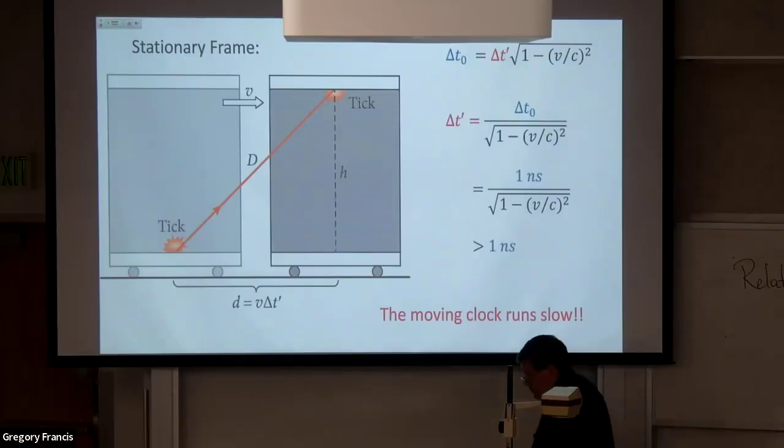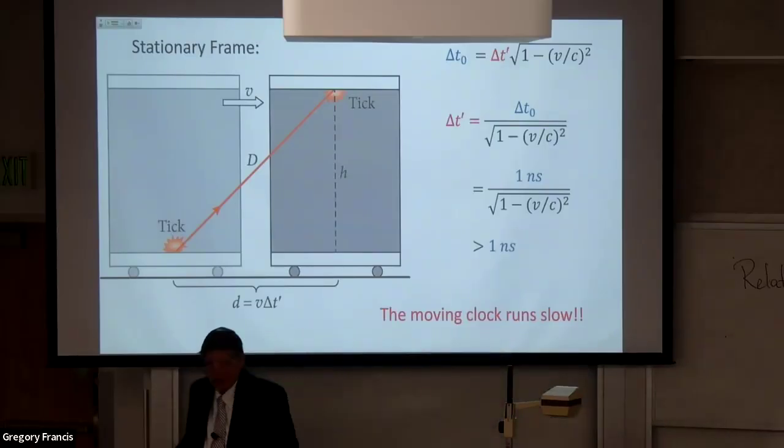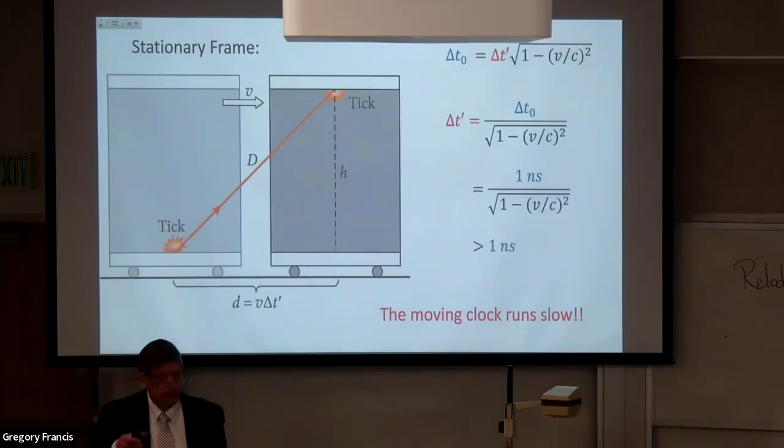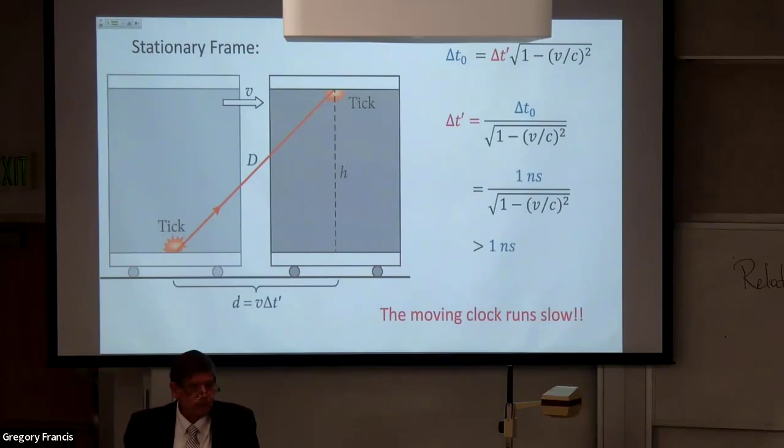Now, again, we have evidence. In the 70s, we put cesium clocks, atomic clocks, on 3 different airplanes, and we raced them around the world at high speed. And we found that the clocks that were moving, when they came back, were behind the clocks that stayed in the lab by an amount that was predicted by Einstein.